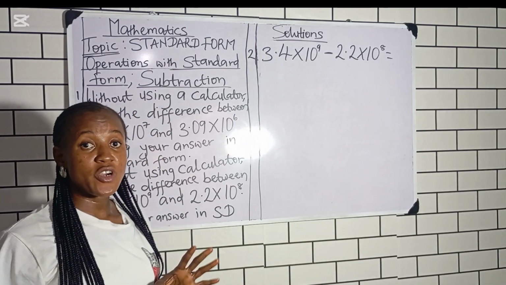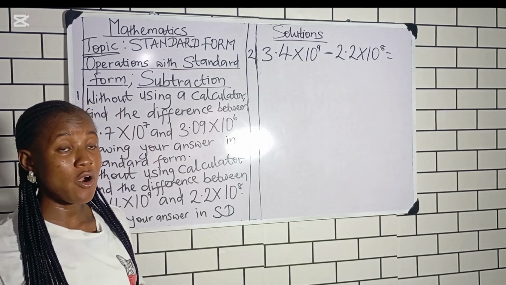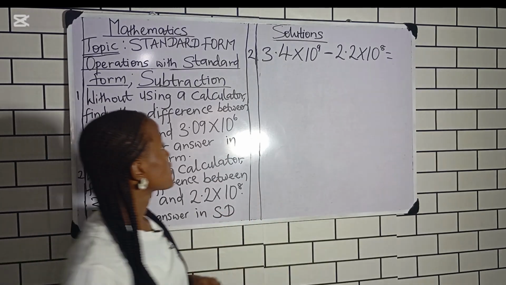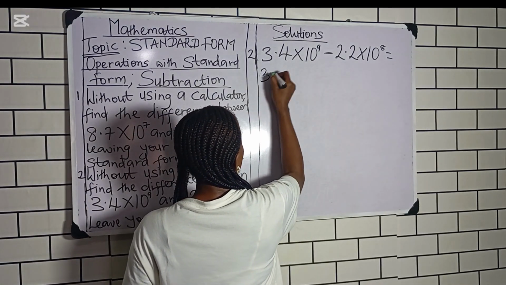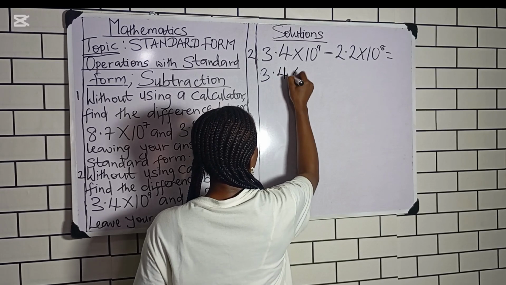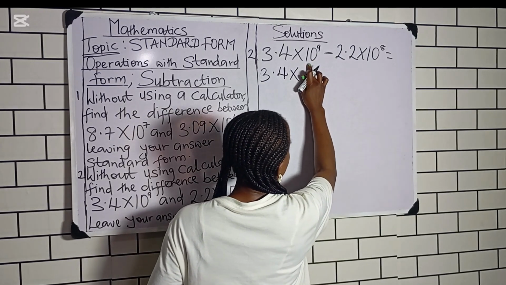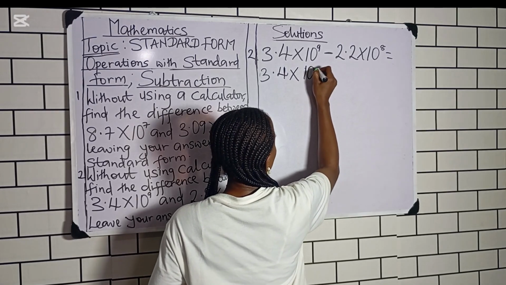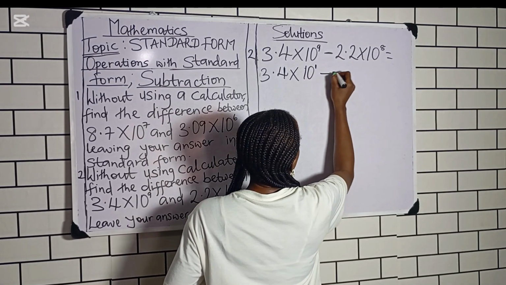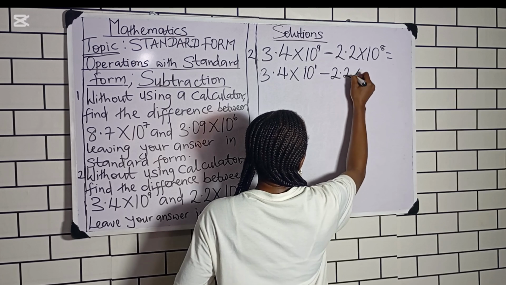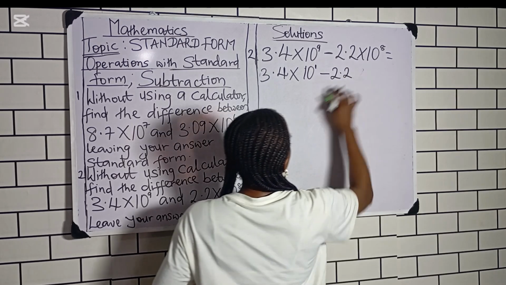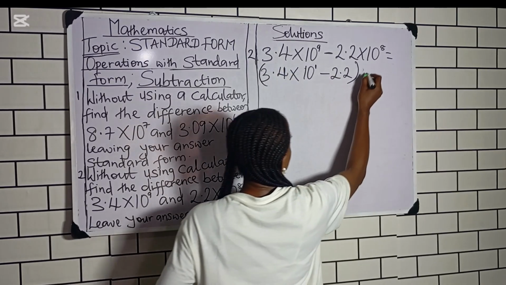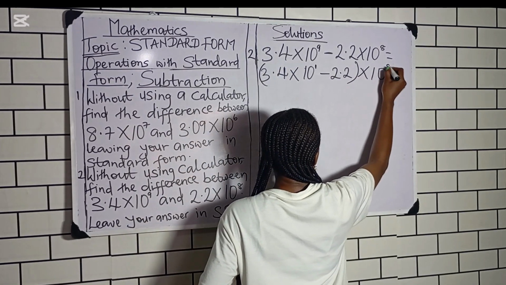Remember the method, you first of all factor out the least power of 10, and the least power of 10 here is 10 raised to power 8. Now, this will give us 3.4 times, if you factor out 10 raised to power 8 from 10 raised to power 9, we will have 10 raised to power 1 left, minus 2.2, in bracket, times 10 raised to power 8.